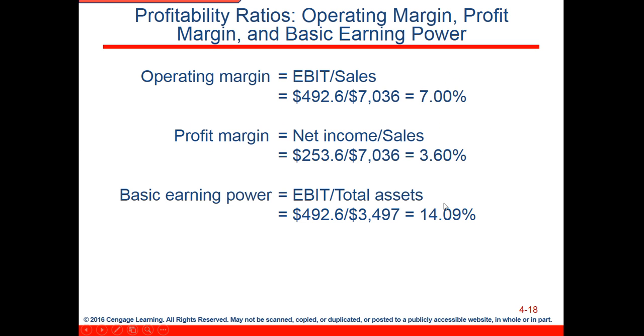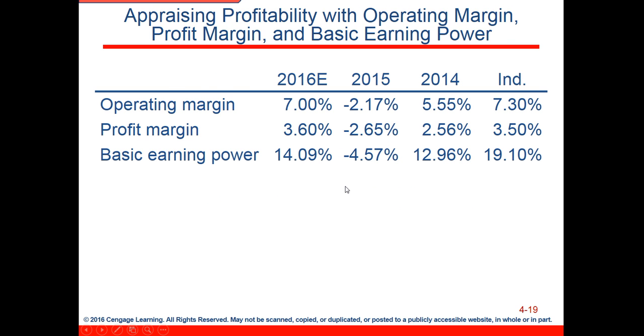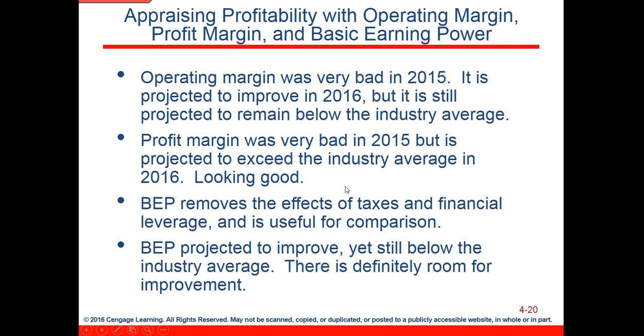So we are seeing that the total assets as a result is increasing, and hence the ratio is decreasing. Overall, what we are going to say is that the company had a very bad year in 2015. It looks like they are getting on track in 2016, but there is still some room, specifically on certain ratios, to be improved.